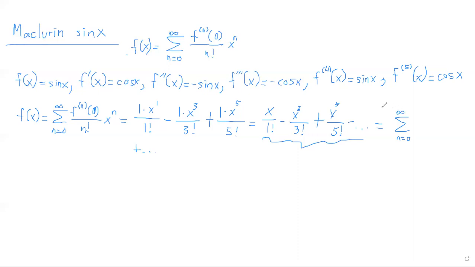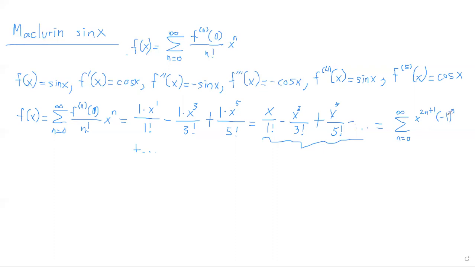The sum from n equals 0 to infinity. Okay, let's see. It seems like we skip one, so it's x to the 2n plus 1, with negative 1 to the power of n, because notice that the values alternate between positive and negative: positive, negative, positive, negative, and so on.